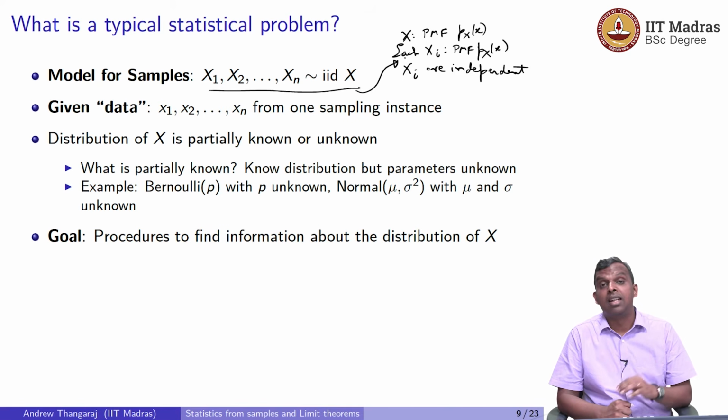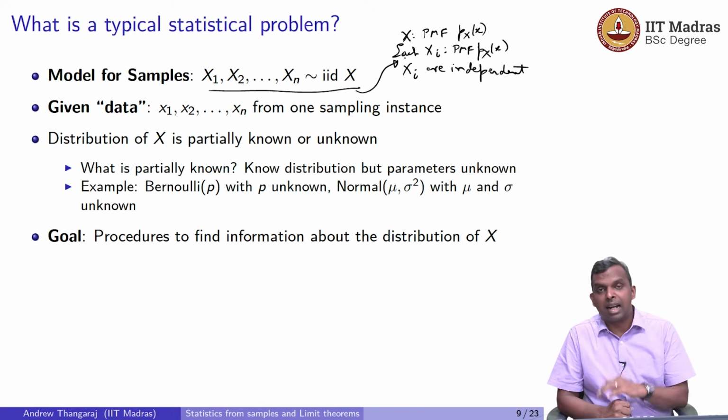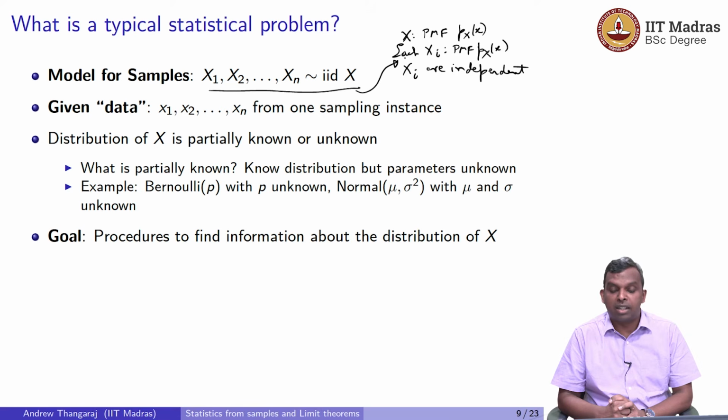So I might say X is Bernoulli(p), and p is unknown, like we had in the previous case. Or I might say X is normal with mean mu and variance sigma squared, and mu and sigma squared are unknown. This is very, very common. Or X is Poisson with parameter lambda, and lambda is unknown.